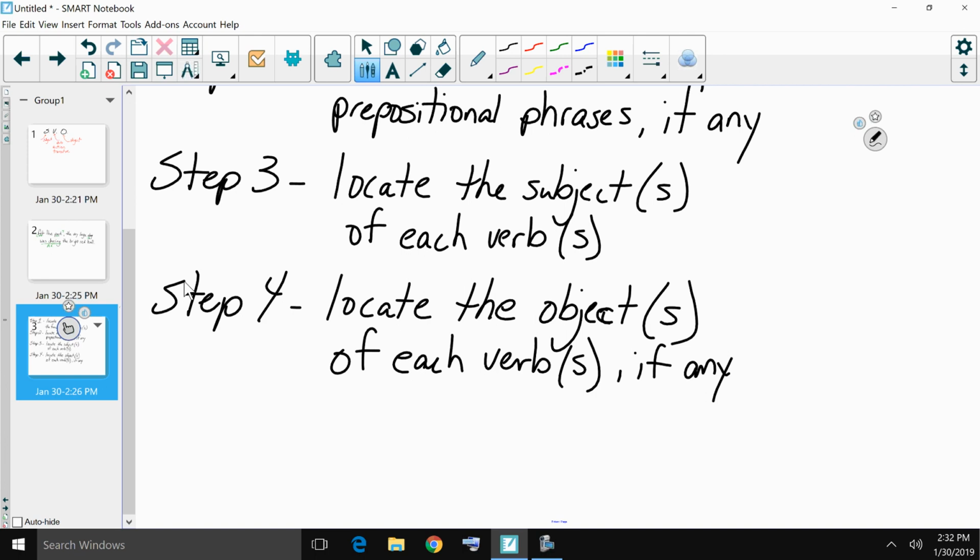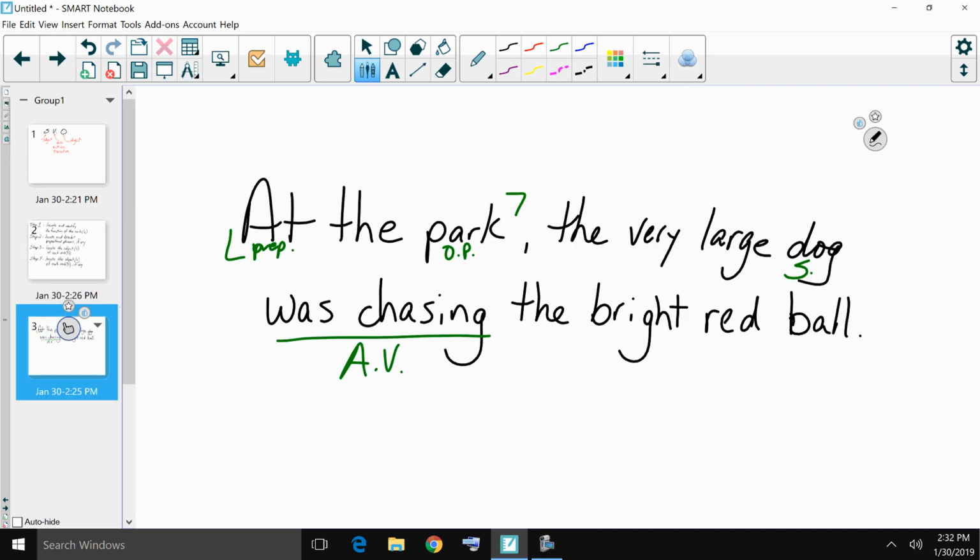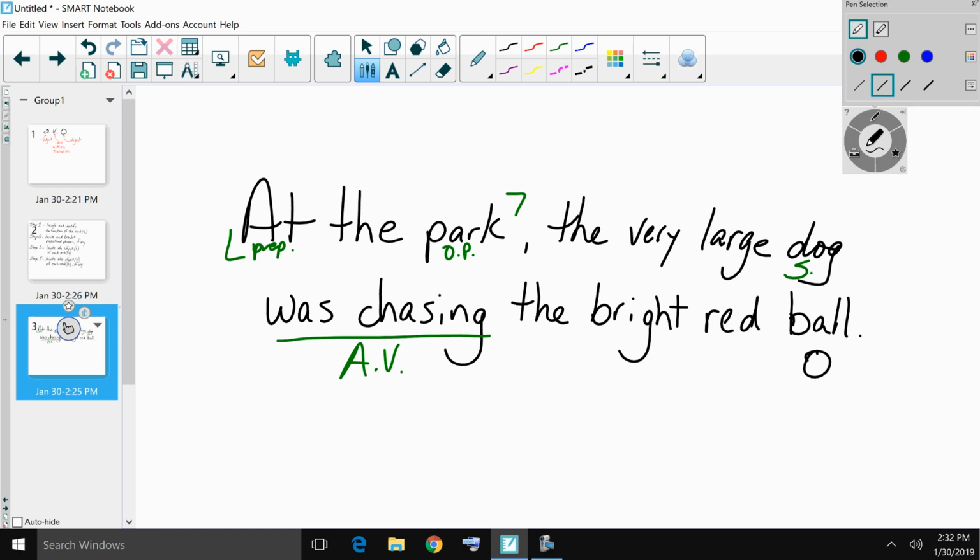No. Subject, yes. Object, no. Ben. Okay, so the object of the verb was chasing, sir? Ball. Excellent. The object here is ball.